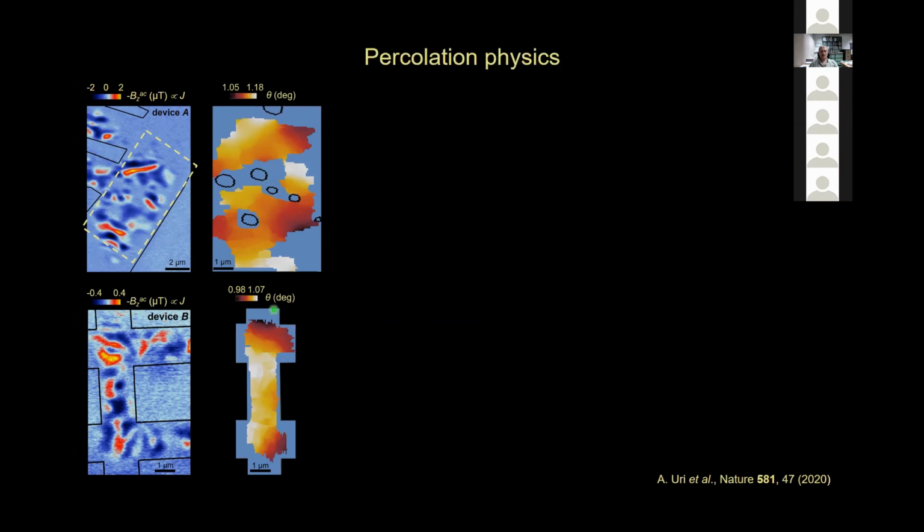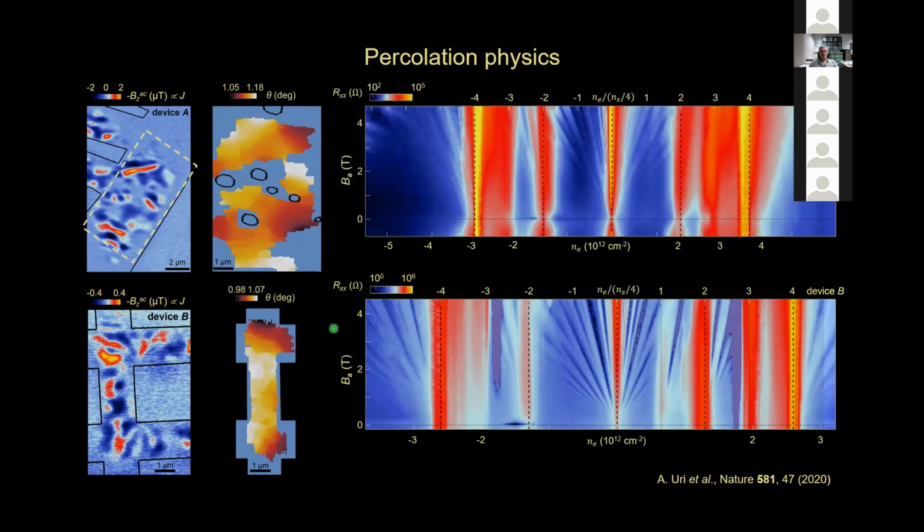So now, knowing this landscape of the twist angle, we can look back at the global transport measurements and compare these two samples. This sample, as you remember, was the first one that I showed, and it showed a fully developed superconductivity.